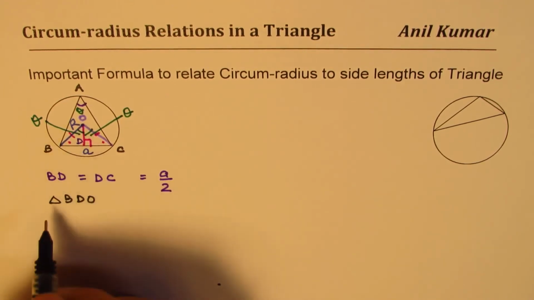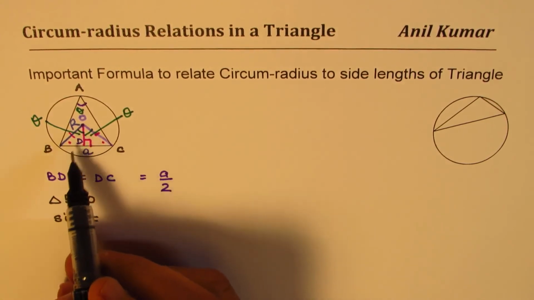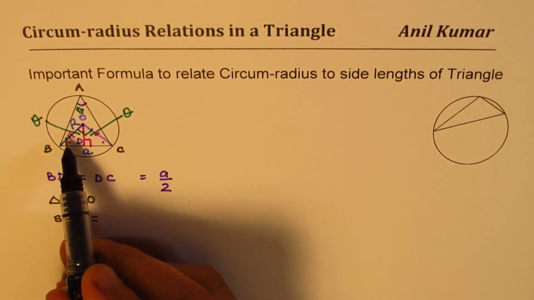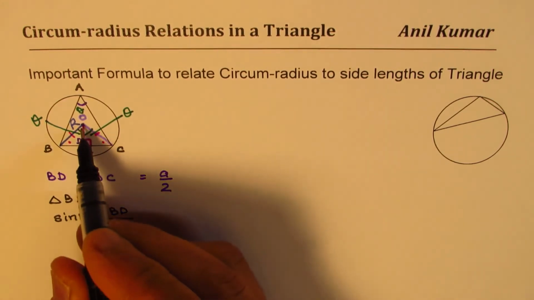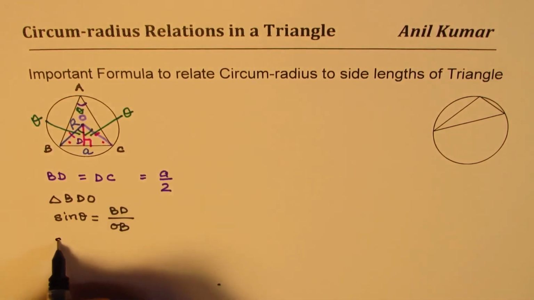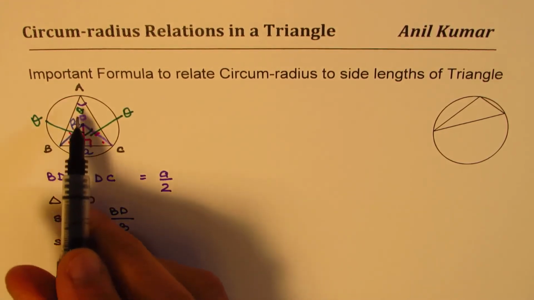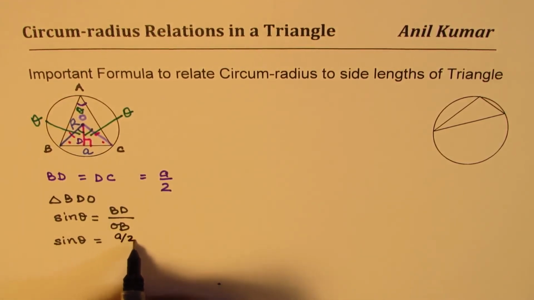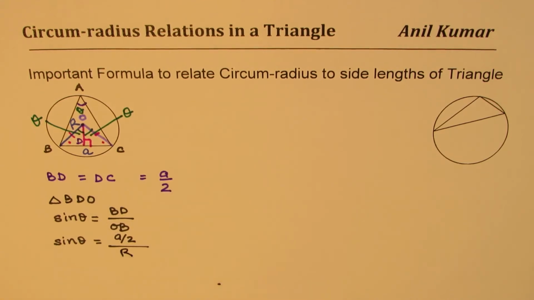in this particular triangle, what is sine theta equal to? Well, sine theta is opposite side over hypotenuse. The opposite side is BD and the hypotenuse is OB. So from here you can see that sine theta is basically equal to BD, which is half times A, and OB is our capital R, the circumradius, right?